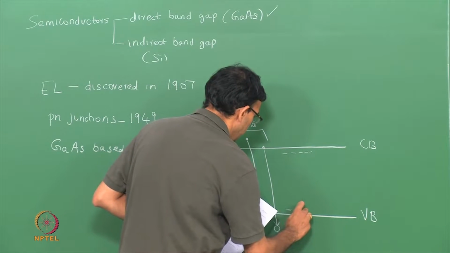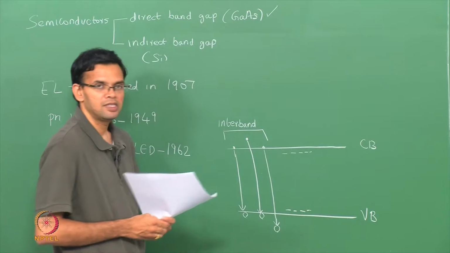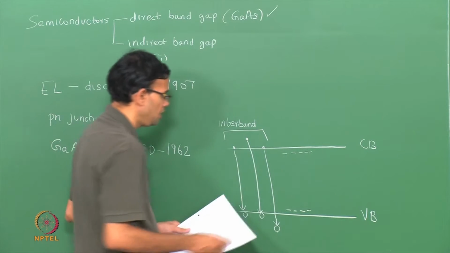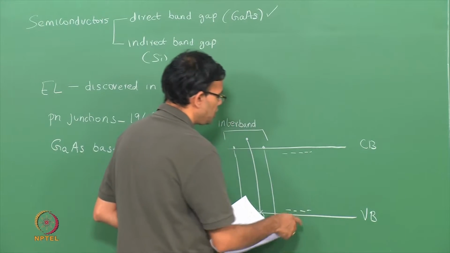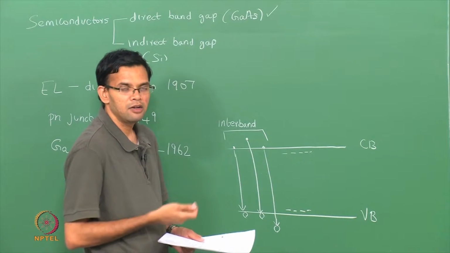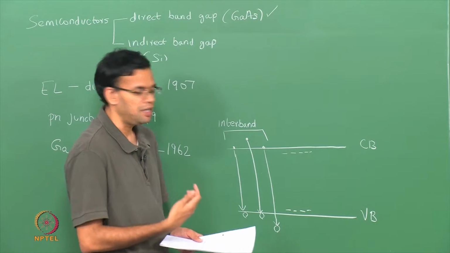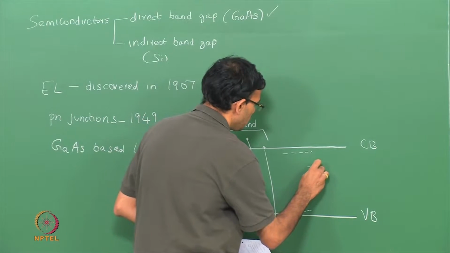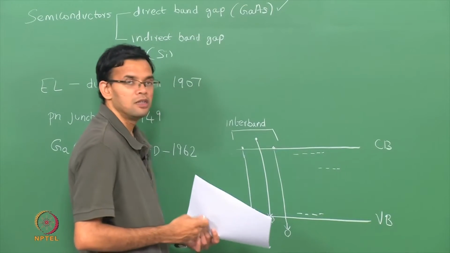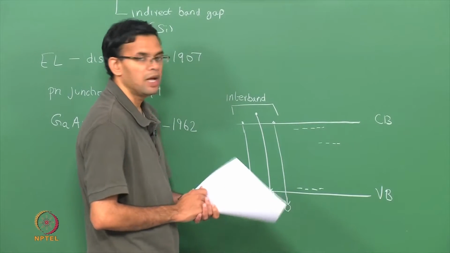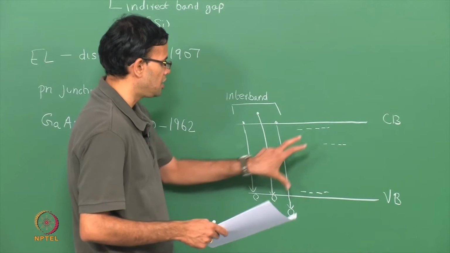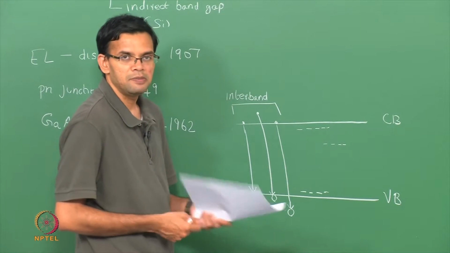Could also have acceptor levels close to the valence band. These are essentially shallow states. If you have other impurity materials or other defects, they could also form states slightly within the band gap. So, these are shallow states, this is a deep state.